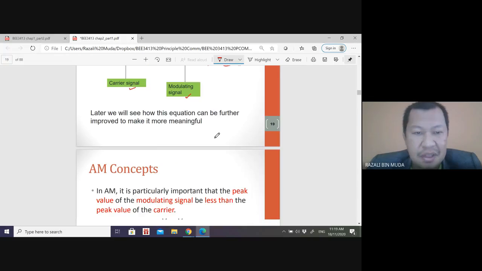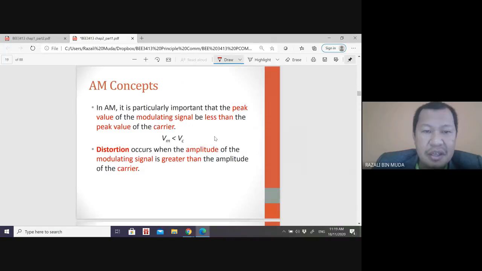Okay. AM concept. In AM, it is particularly important that the peak value of the modulating signal be less than the peak value of the carrier. Nilai amplitude. Amplitude is very important in AM, so that the amplitude of the modulating signal is smaller than the amplitude of the carrier.